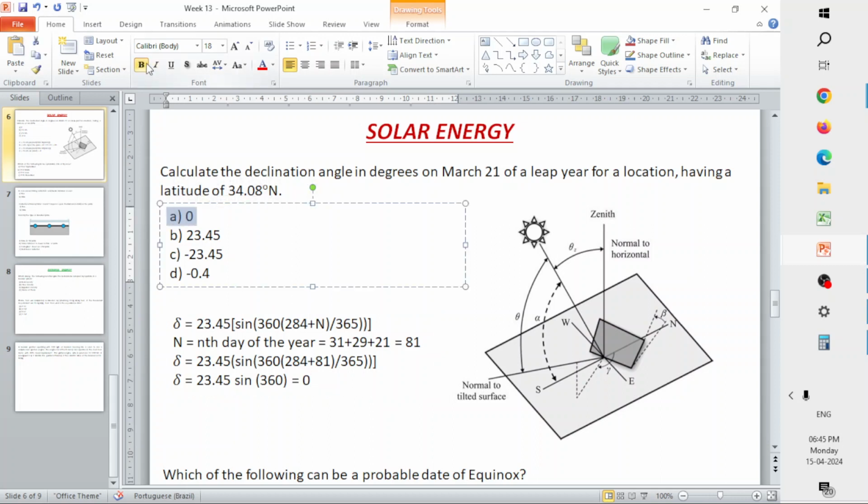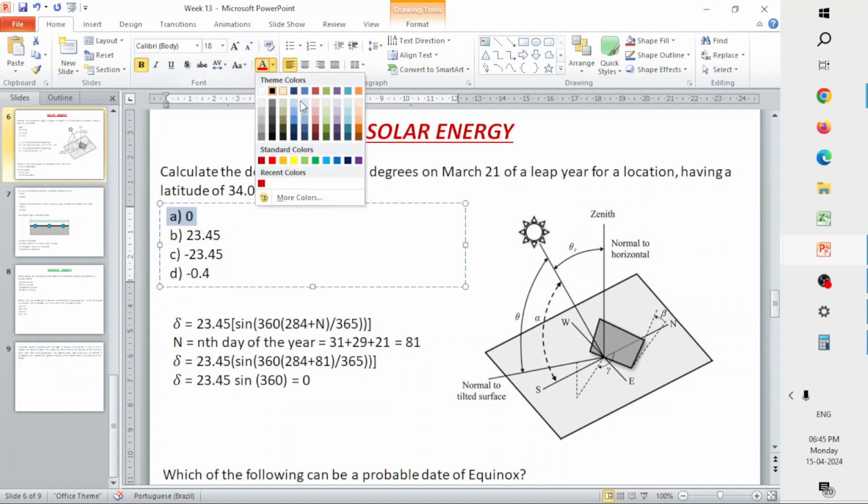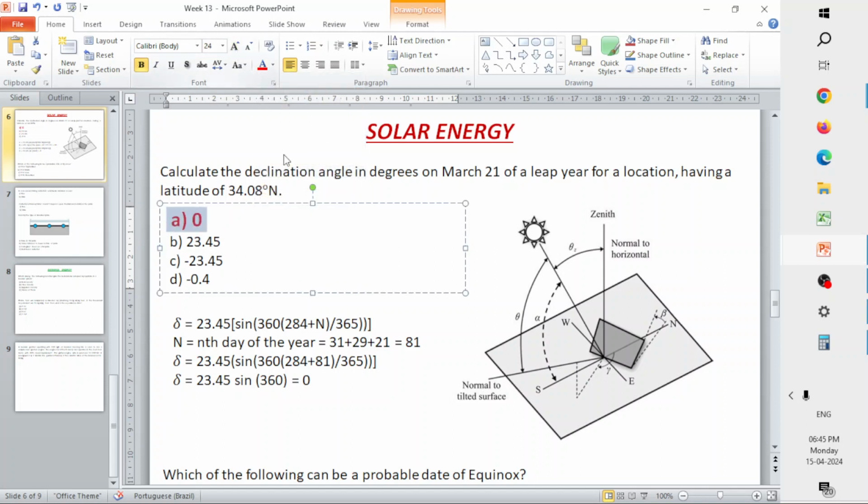This is for everybody who is doing this course, to remember how we did these calculations at the very beginning of the course. So this value of delta, the declination angle, is 0. What does it mean? What are those particular dates on which this declination angle will be 0?